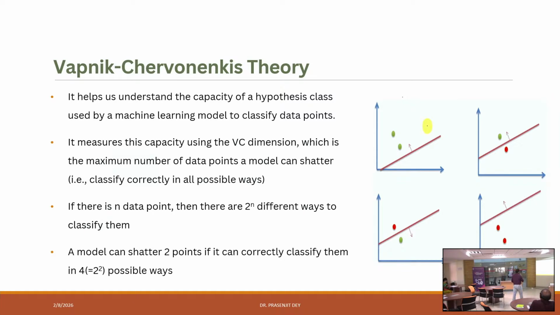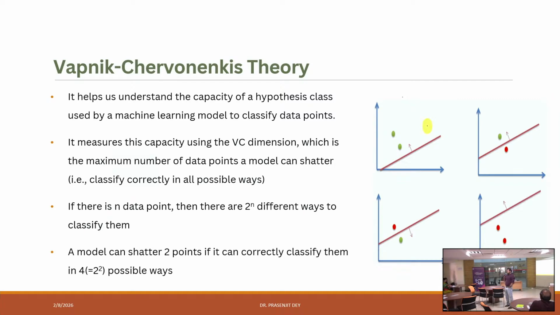Is it possible? You can try it on your own also. Take 3 points, and 8 possibilities may be there, 2 to the power 3. Can you draw a line which will be able to separate the data points in all possible ways? Either all 3 belong to class 1, all 3 belong to class 2, or 1 belongs to class 1 and 2 belong to class 2, and so on.